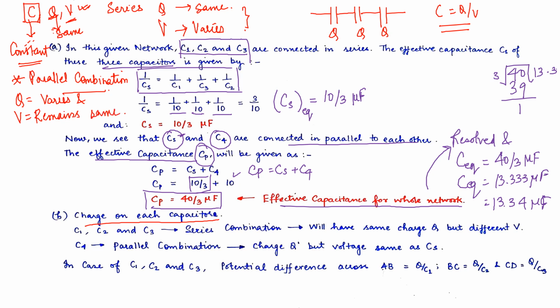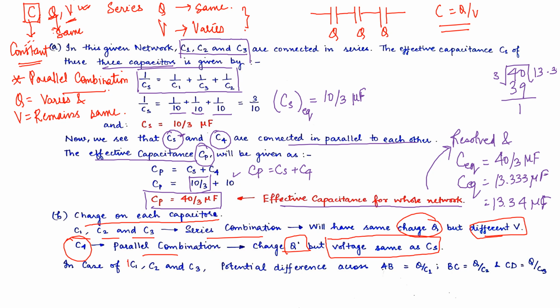Okay. So see, C1, C2, C3 in series combination will have the same charge but different voltages across them, and C4, which is in parallel combination, will have a different charge but the same voltage as the equivalent capacitance coming from C1, C2 and C3.